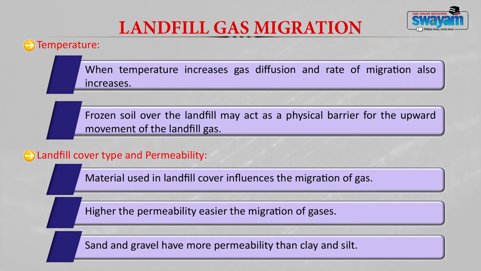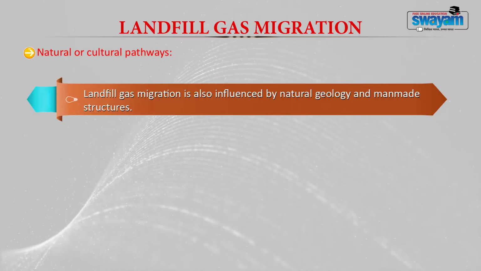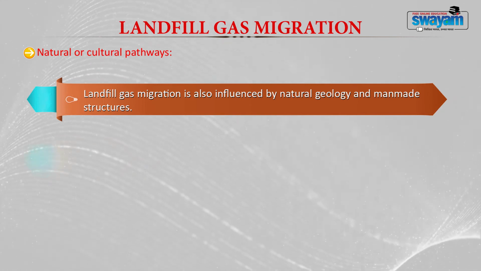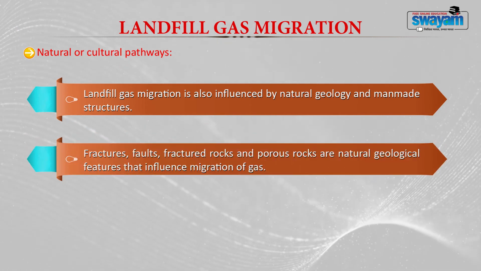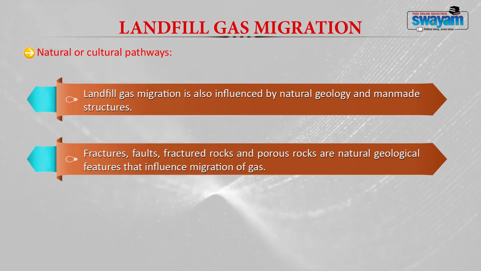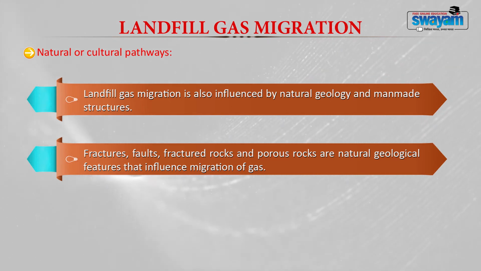which have less permeability. There are also other natural or cultural pathways that landfill gas takes to escape out of the landfill. The natural cultural pathway is nothing but your natural geology or man-made structures. If you have any fracture, fault or fractured rocks or any porous rocks, then they will influence the migration of gas.